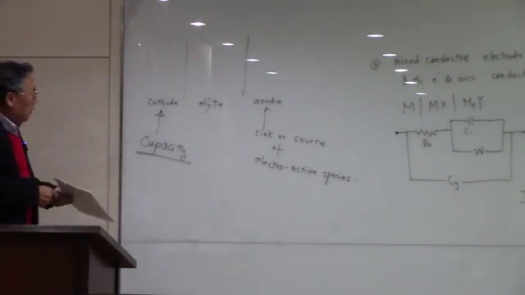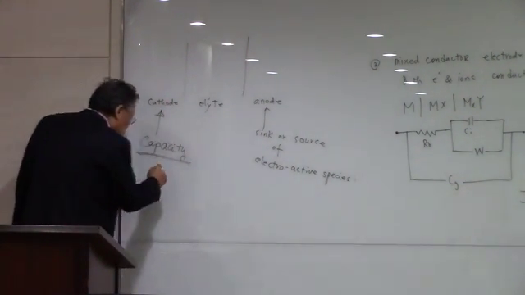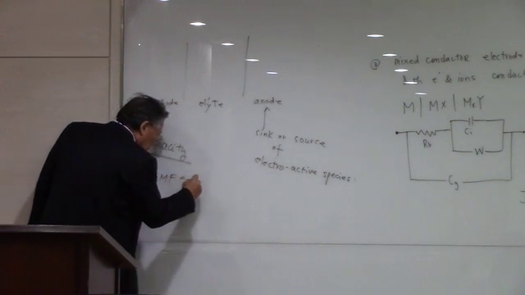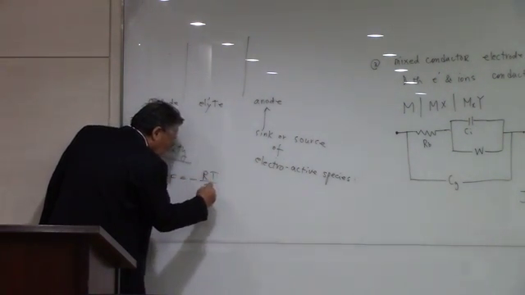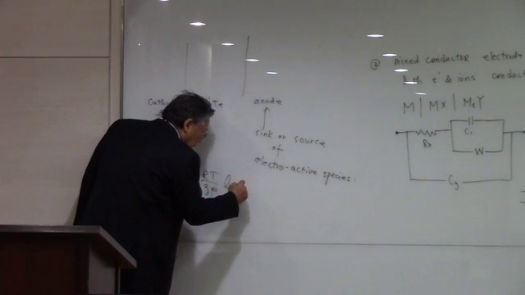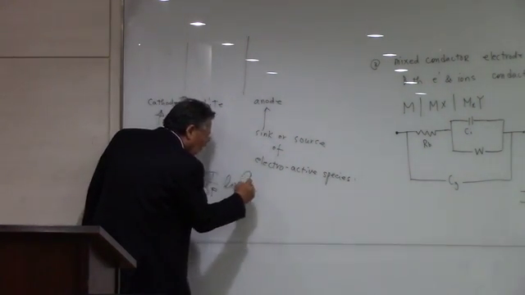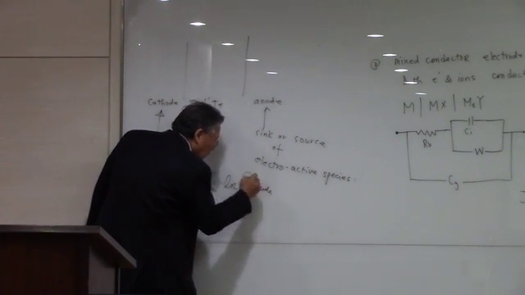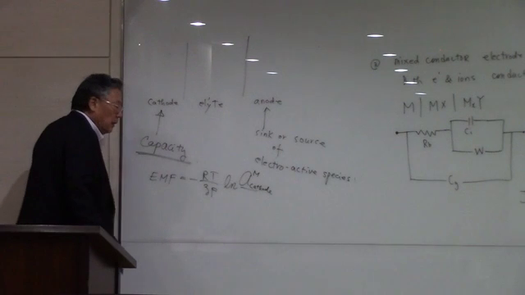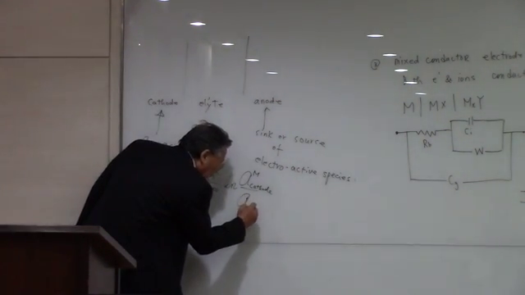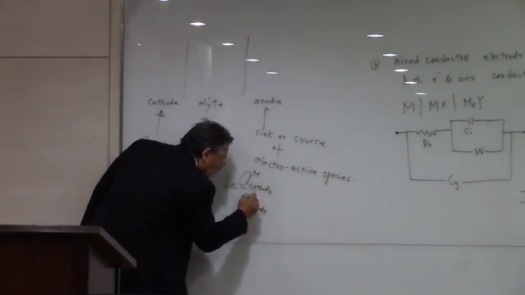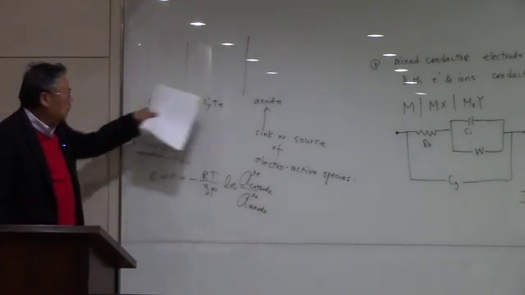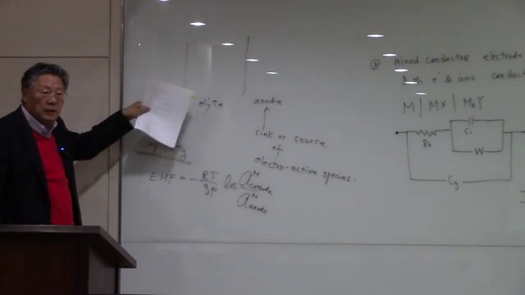Okay. Now, according to the Nernst equation, the EMF voltage is minus RT over zF, and then log of the activity of the electroactive species at the cathode over the activity of the electroactive species at the anode. That is the voltage which is determined in these batteries, right?